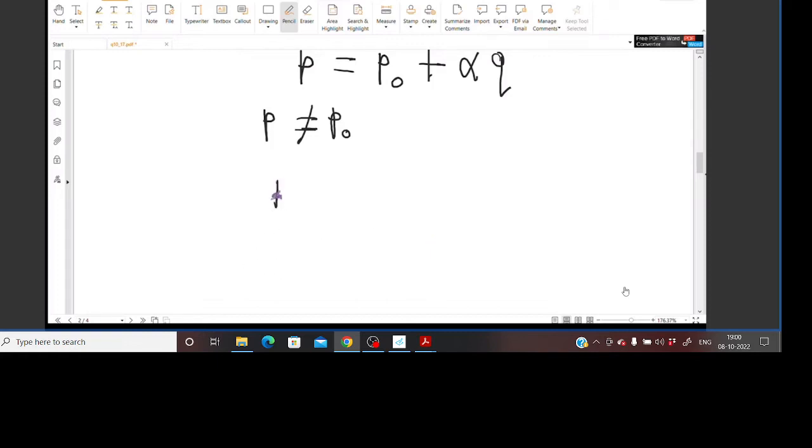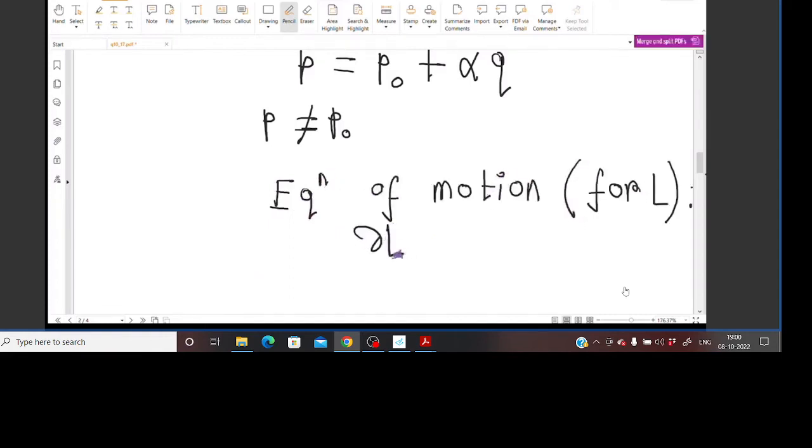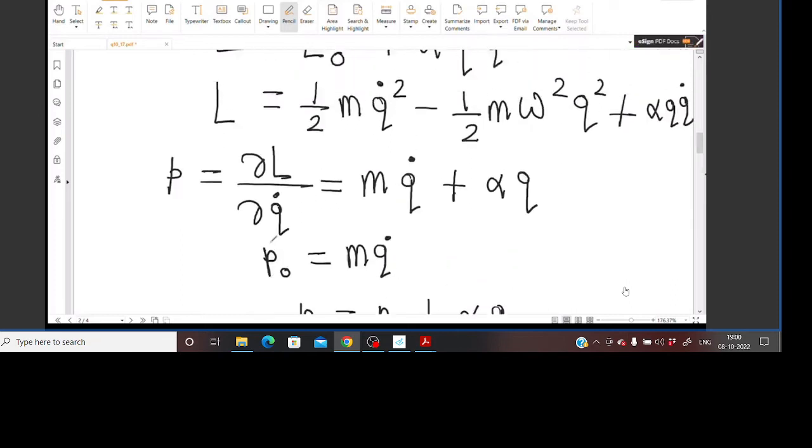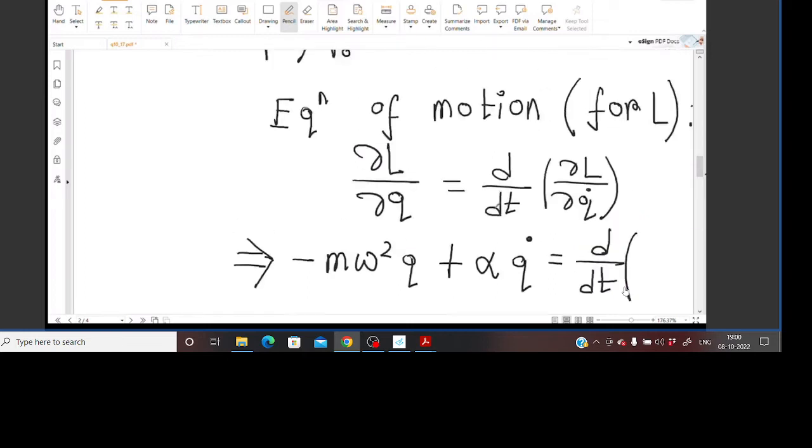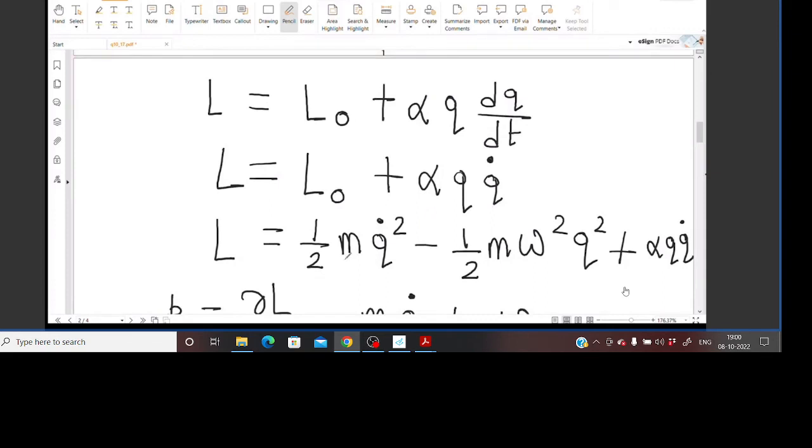Now let's find out the equation of motion when the Lagrangian is L. In this case, the equation of motion can be obtained from the equation del L by del q equal to d/dt of del L by del q dot. Here del L by del q is equal to minus m omega square q plus alpha q dot, and del L by del q dot is equal to m q dot plus alpha q.